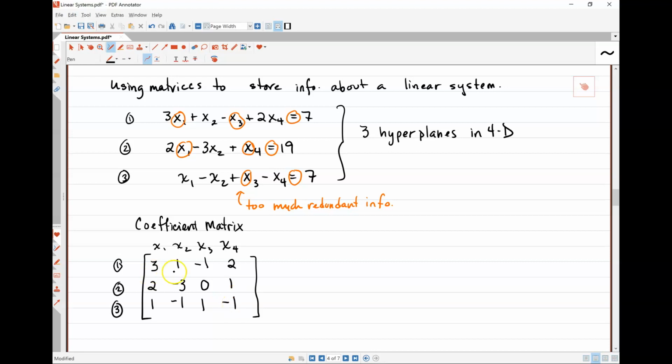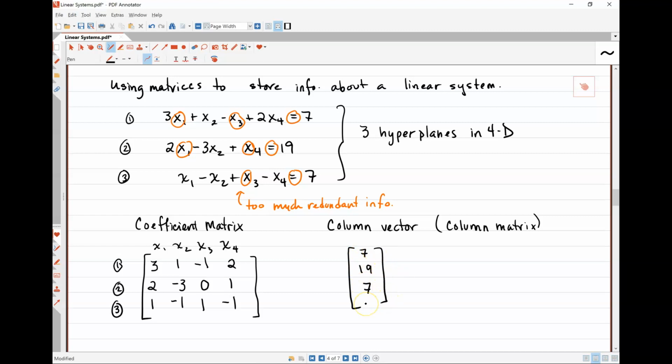We're literally just pulling out the coefficients for each variable that shows up in these equations. Then there's a column vector, or sometimes people call this a column matrix, that contains the information on the right-hand side of the equal signs. So we just put in 7, 19, and 7 again, right?